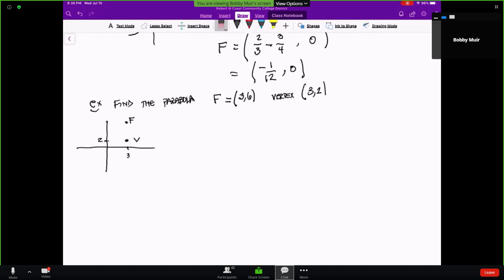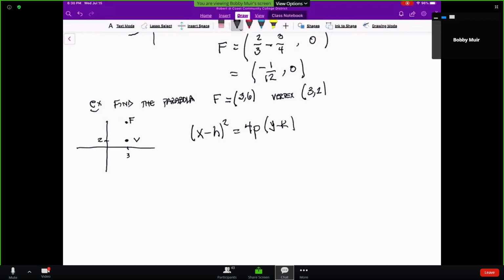So that means that the equation that we're interested in extracting is (x minus h) squared equals 4p (y minus k).